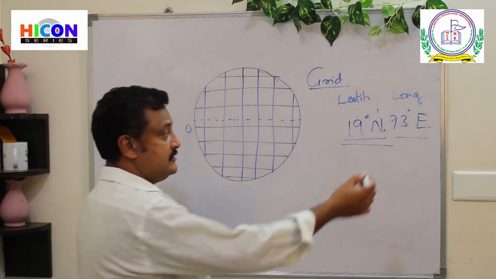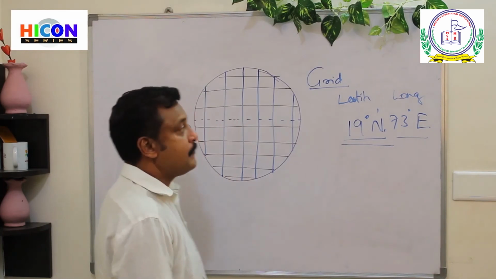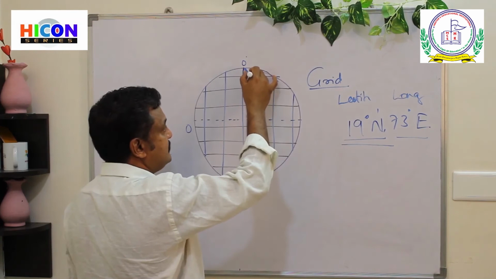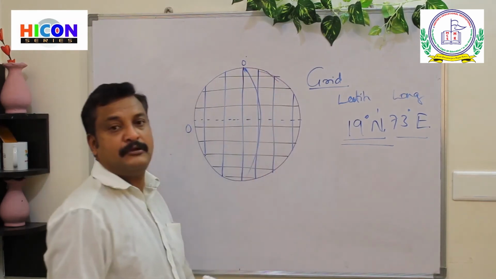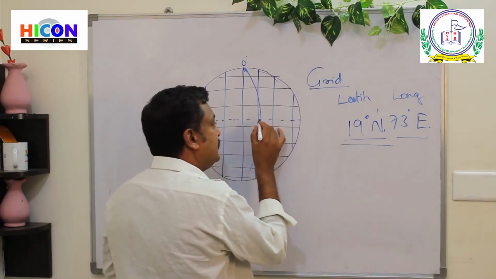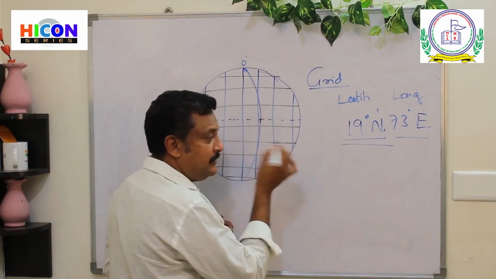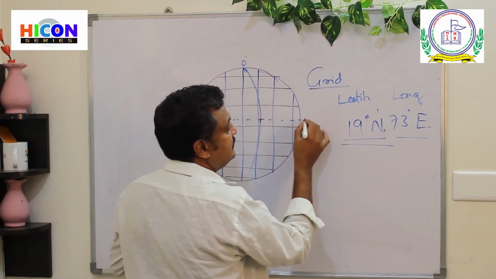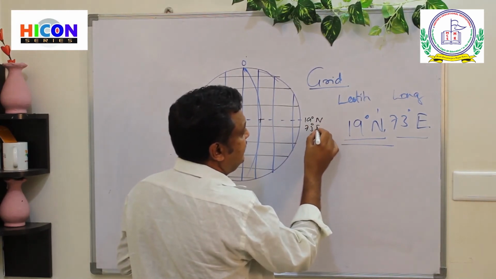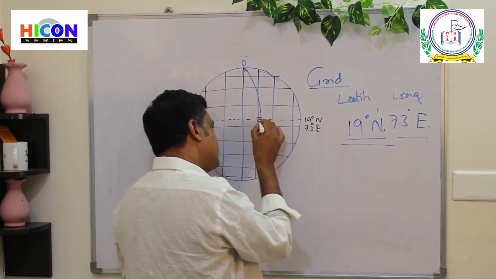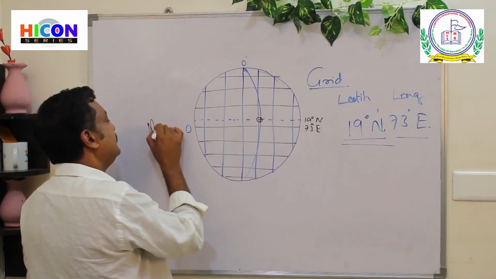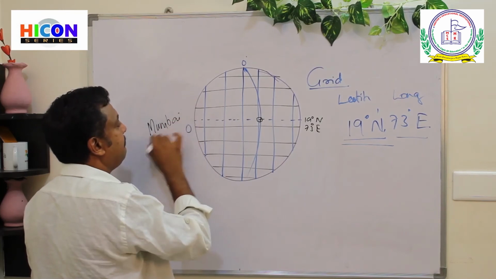Now we need to check 73 degree east. So this is the 0 degree and yes, here it comes. So when we cross check this particular point where the latitude and the longitude meet, this is the 19 degree north and 73 degree east. And when we check this particular location on a map, we can see a place over there, and that is Mumbai.